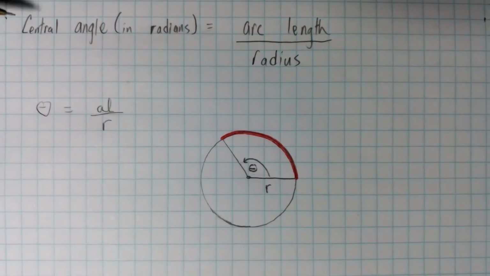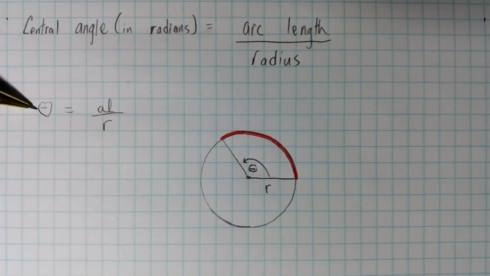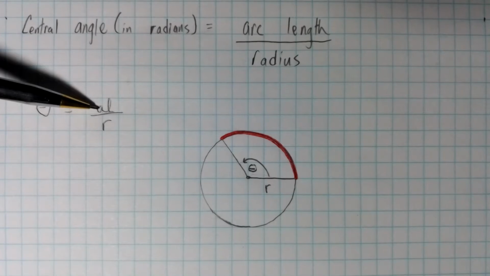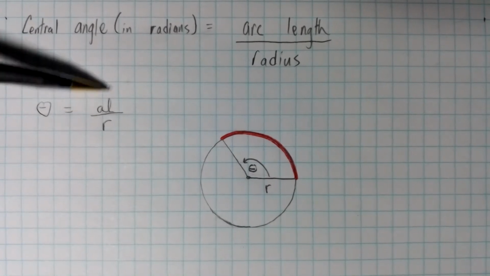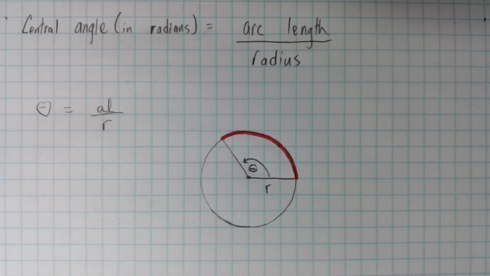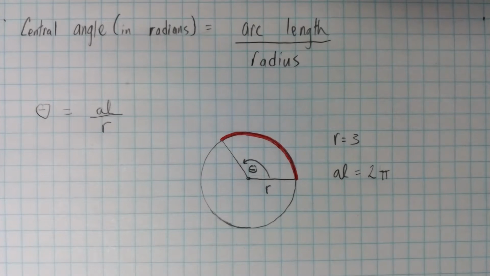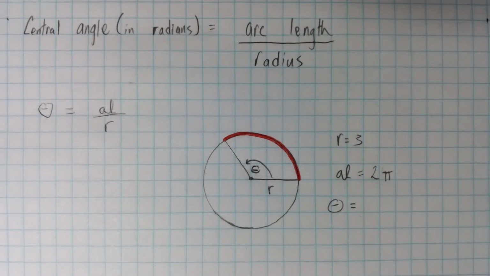Okay, so here I've written the equation where theta is the central angle in radians, AL, in cursive, is the arc length, and R is for the radius. Let's say that the radius of the circle is 3 and the arc length is 2 pi. The question will be, what is theta?